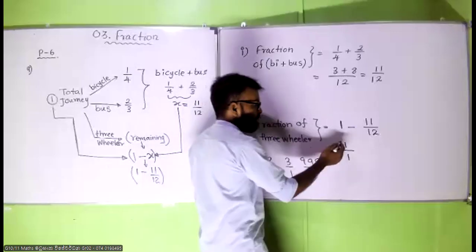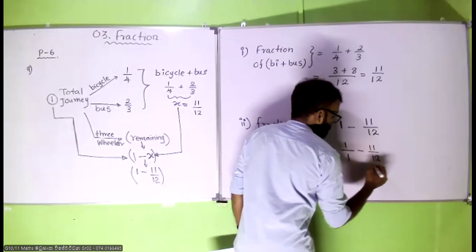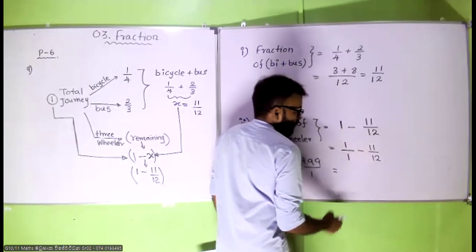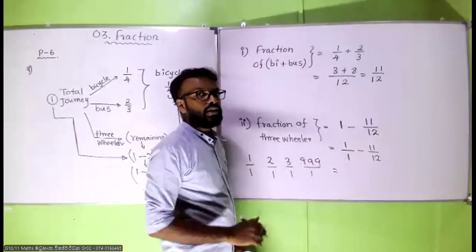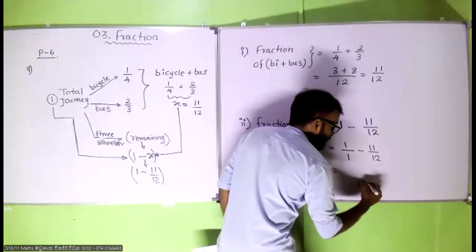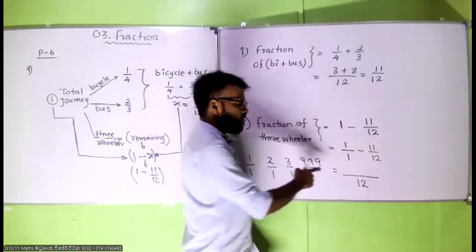So you can write this as 1/1 minus 11/12. Now you can convert this 1 into 12, or use the same common denominator method as earlier. That is, the common denominator is 12.